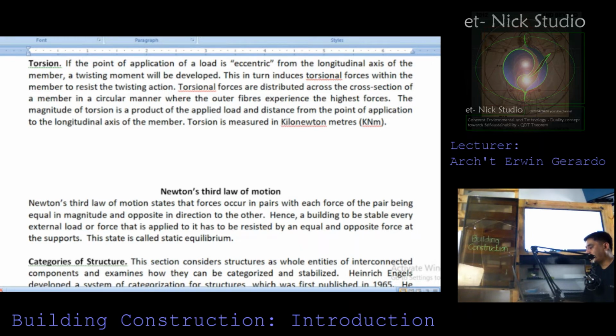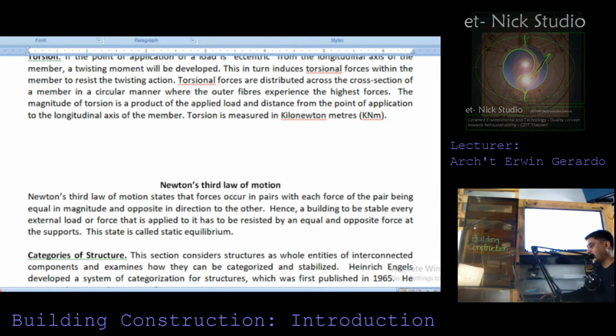The magnitude of torsion is a product of the applied load and the distance from the point of application to the longitudinal axis of the member. Torsion is measured in kilonewton meters, abbreviated as kNm.